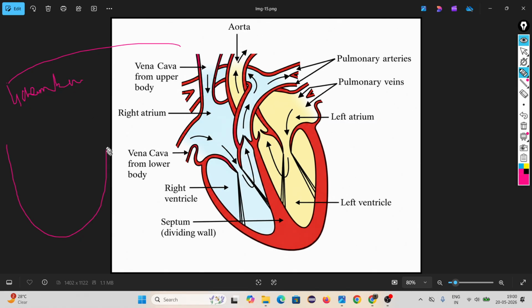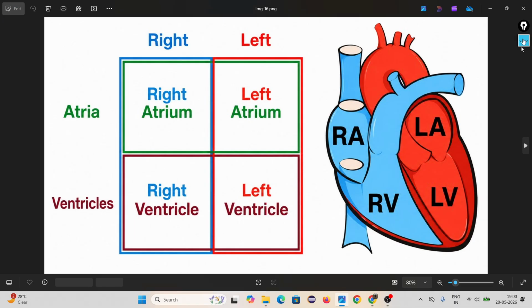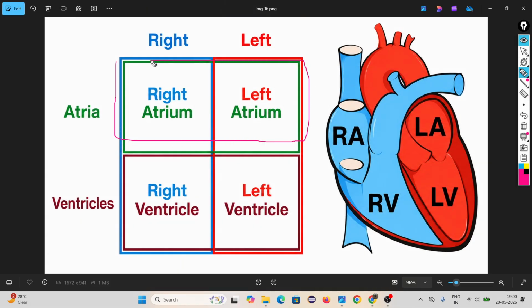Inside our heart four chambers are there. The upper two are called the atria. The below two are called the ventricles.